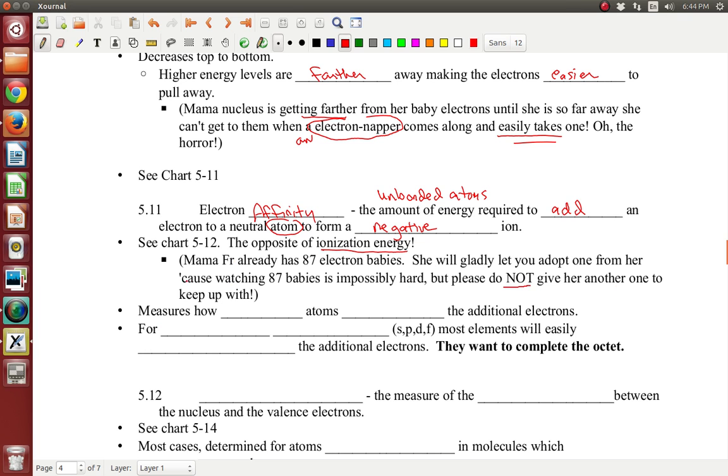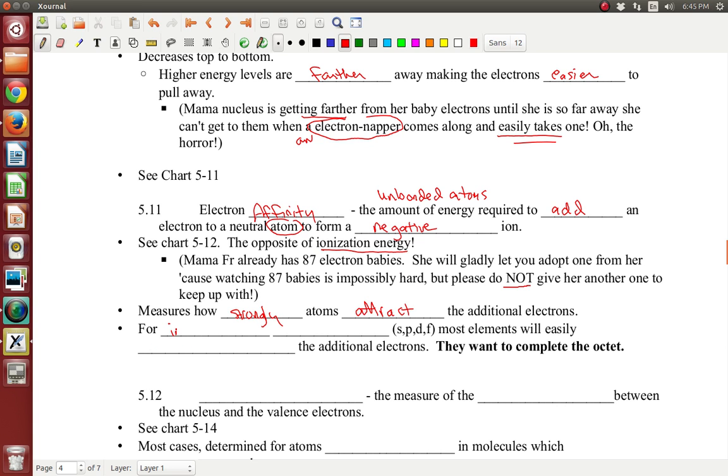So affinity, if your electron affinity is low, your first ionization energy is also very low. They're the same. If affinity is low, the ionization energy is low. Okay, this measures how strongly atoms attract the additional electrons.